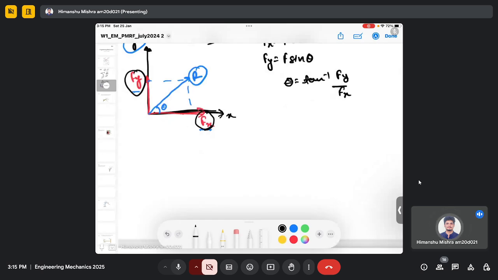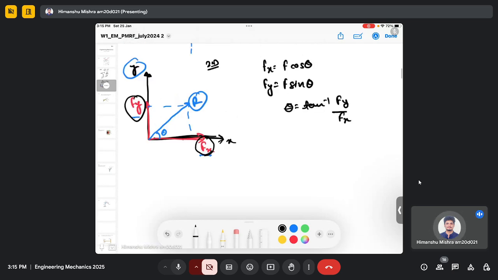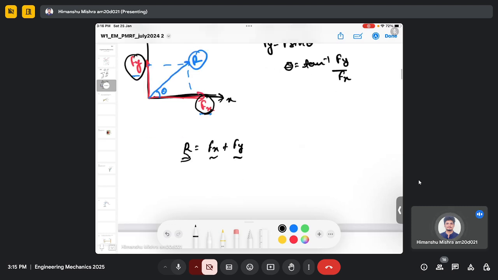Then, to write down the equation that we will be using to solve the problem, the resultant of the force in this Cartesian two-dimensional plane can be given by the summation of Fx and Fy. This symbol represents that all these forces are vector quantities.